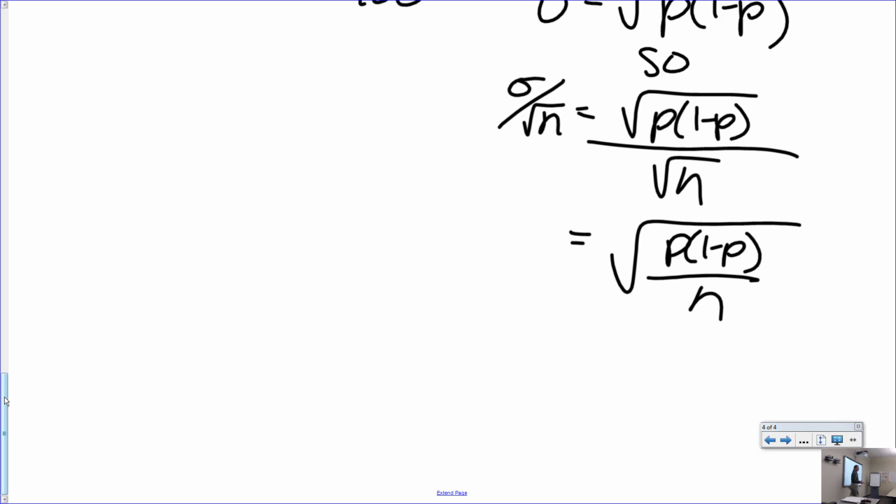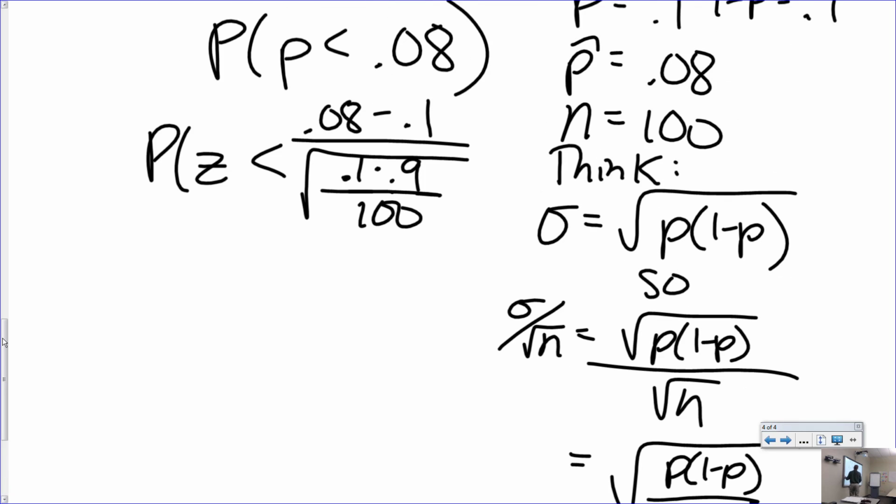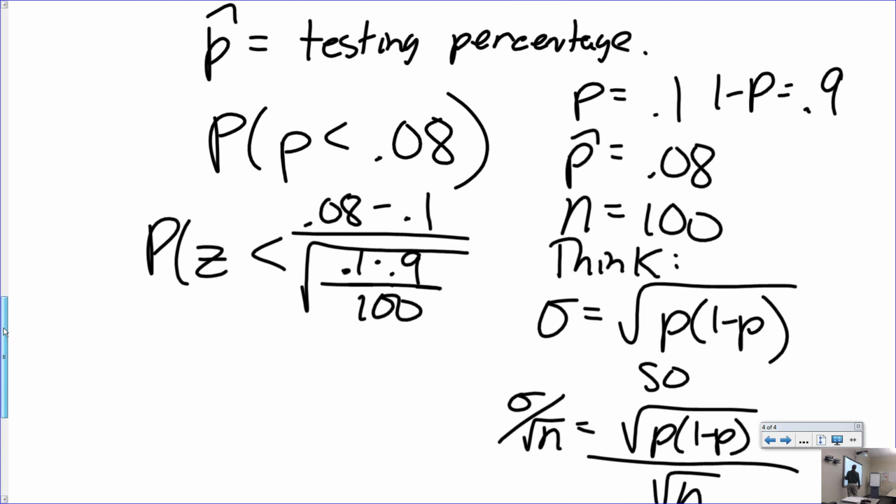So what looks like some weird new number, the square root of p times 1 minus p over n, is exactly the same as sigma over the square root of n. It's no different than what we were doing in the last section. It's just that sigma is defined in a weird way when you're dealing with probability distributions.